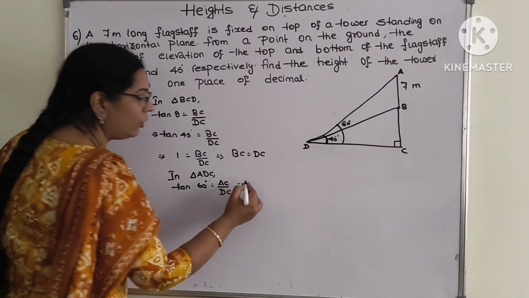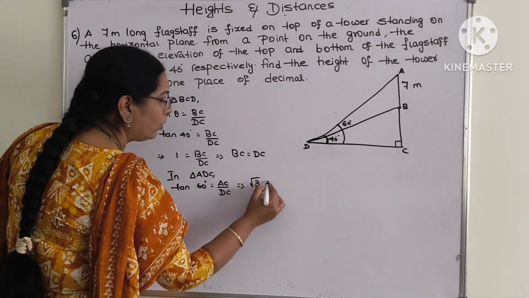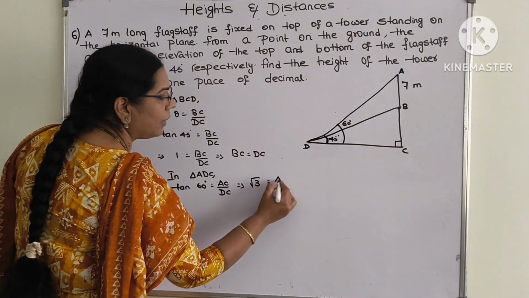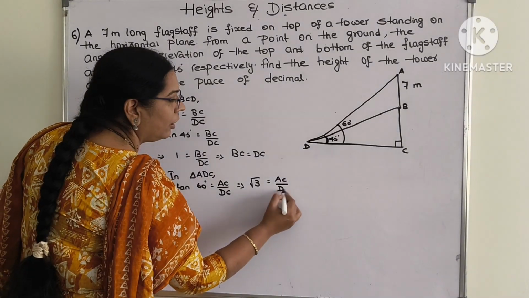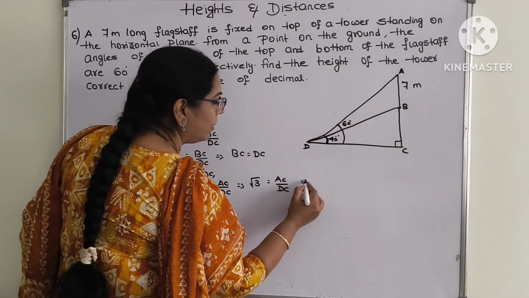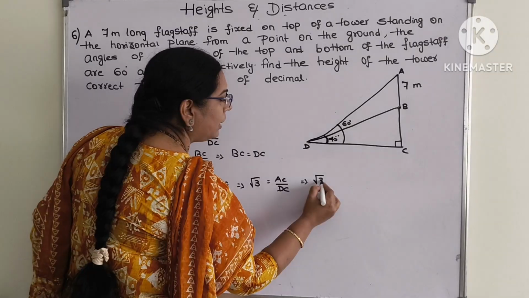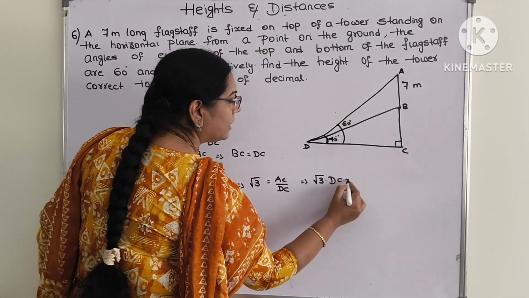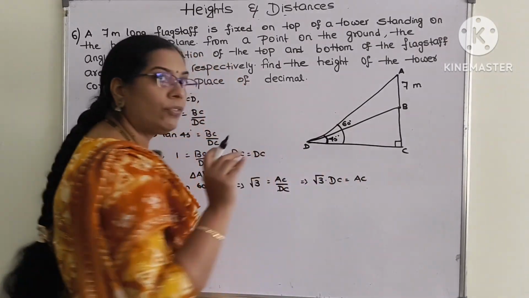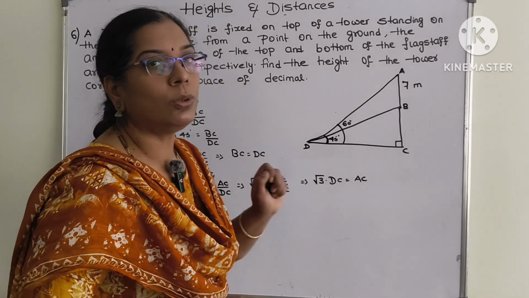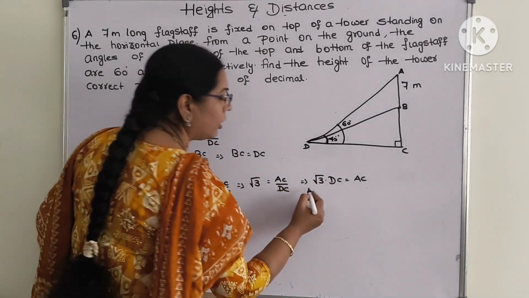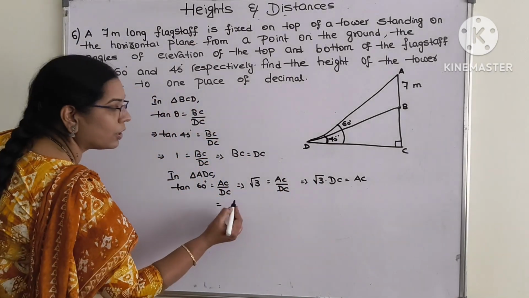Tan 60, children, you know it is root 3. Root 3 is equal to AC by DC. Do the cross multiplication. So root 3 into DC is equal to AC. After doing the cross multiplication, do the splitting, not before it, because you will get confused.